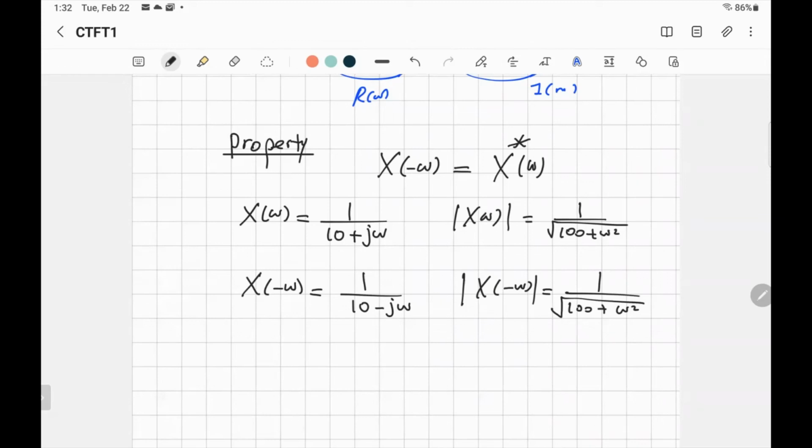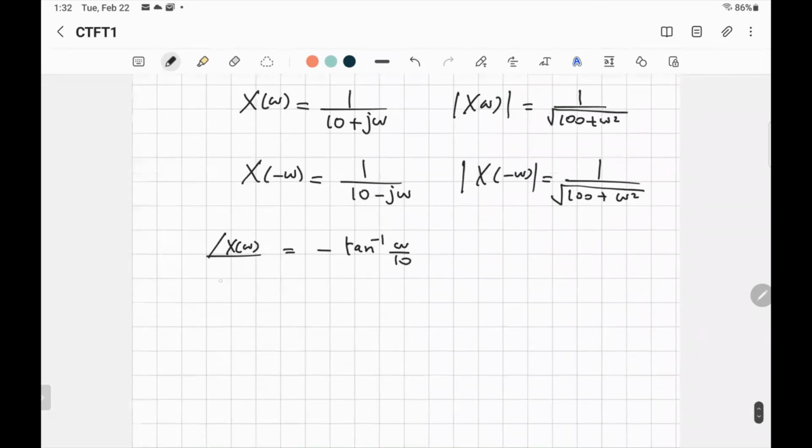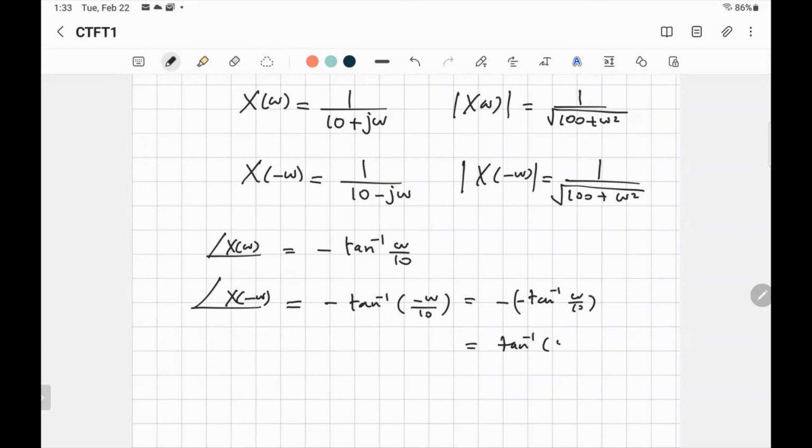What about the angle? Let's see the angle. What is the angle of X of omega? It's equal to minus, because the 1 has zero angle, so the angle of the top minus the angle of the bottom: 0 minus inverse tangent of omega over 10. What about the angle of X of minus omega? That's equal to minus inverse tangent of minus omega over 10. The minus omega over 10 gives a negative, so you have another negative, and because of this negative, it will be equal to positive inverse tangent of omega over 10.